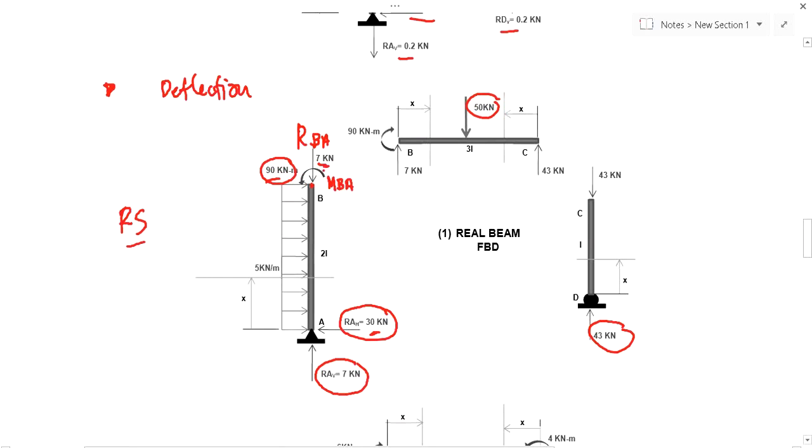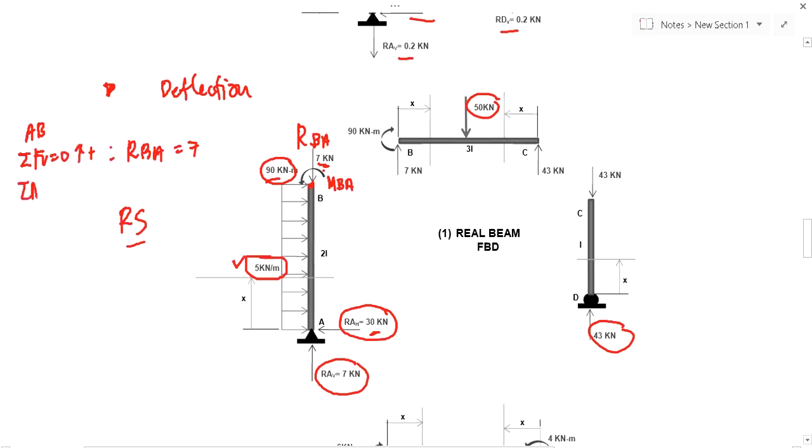Okay? And taking moment at B, yung 90 pala dito is the MBV. Ito pala yung load natin, 5 kilonewton. Mali yung na-encircle ko. Ito yung original load natin, 5 kilonewton meter. So for AB, if we take summation forces vertical, we can solve for RBA, which is 7 kilonewton.